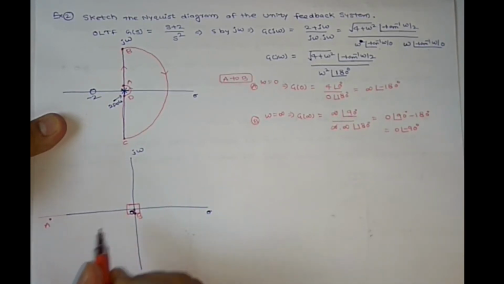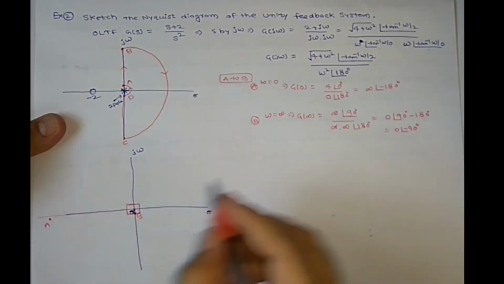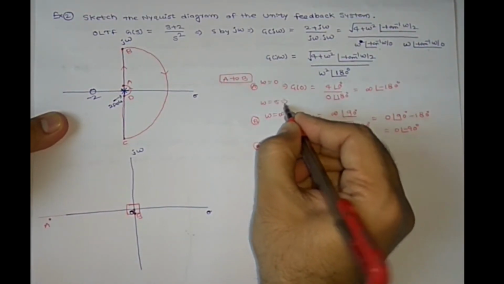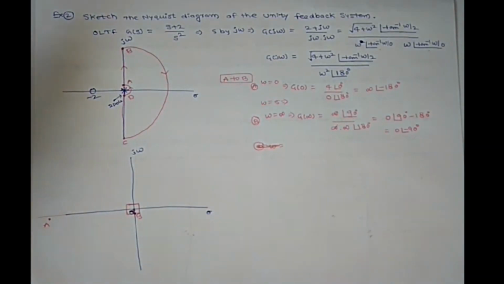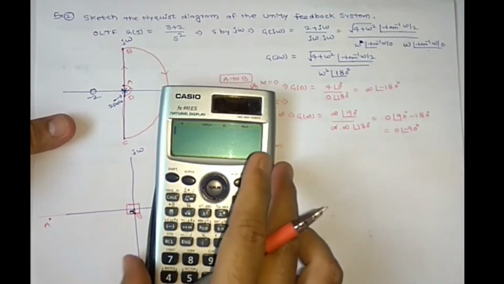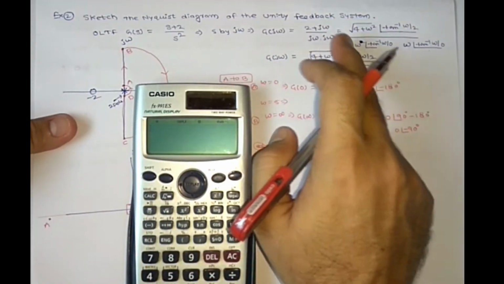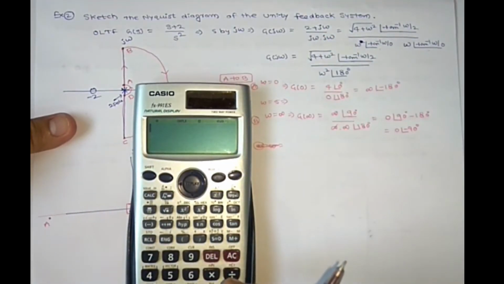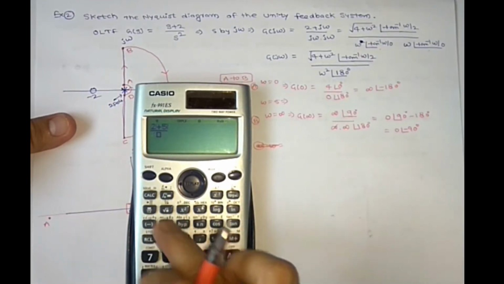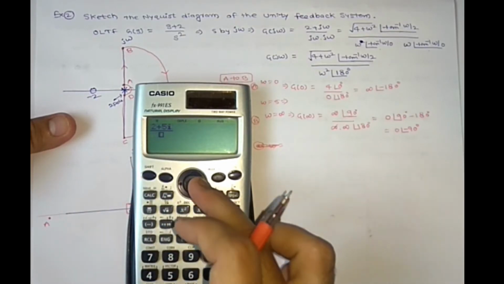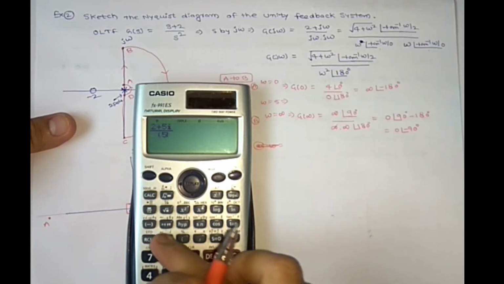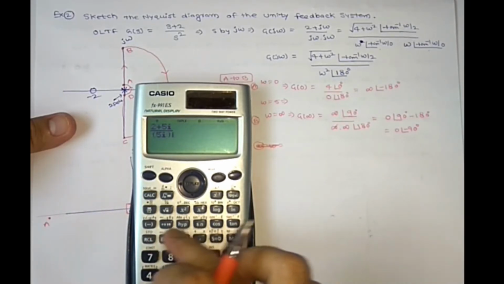Now in between, if you want any point, suppose I take omega equal to 5, then solve using a calculator. So I substitute 5: (2 plus 5j) divided by (5j) square.